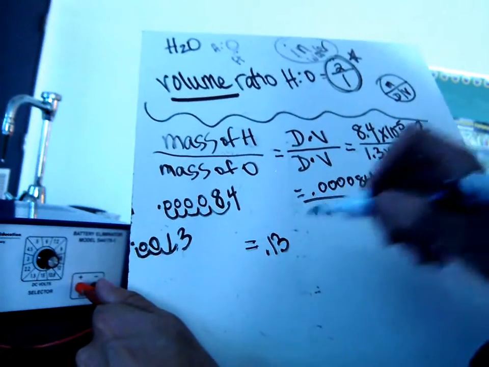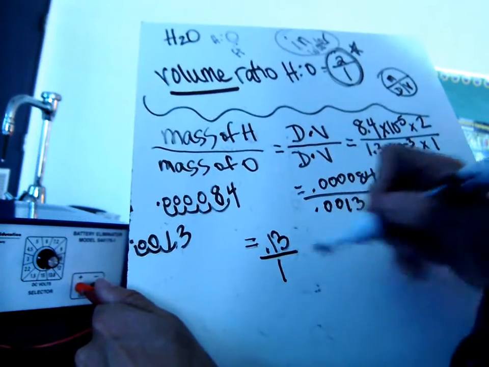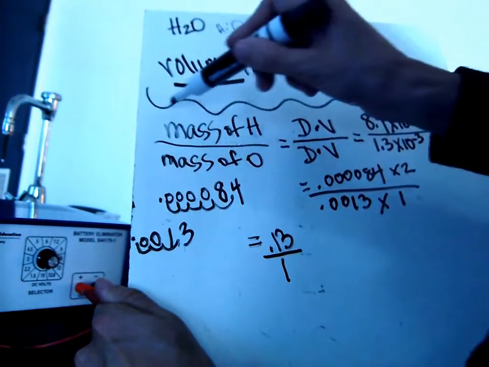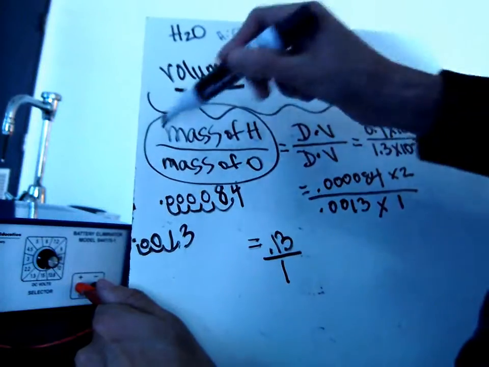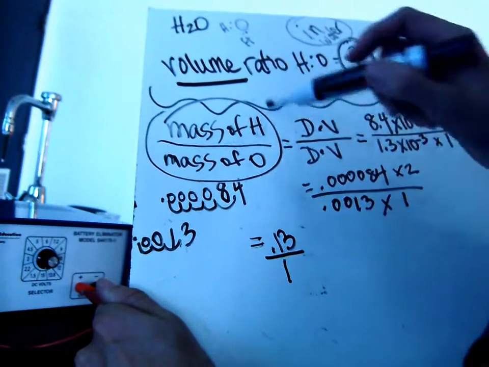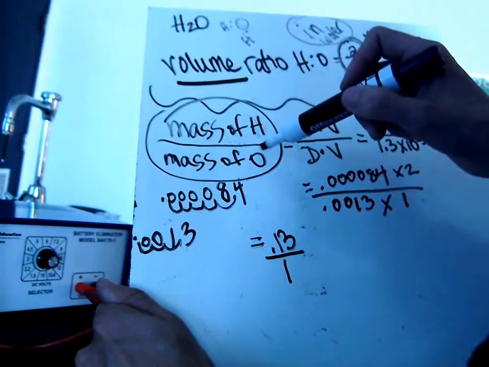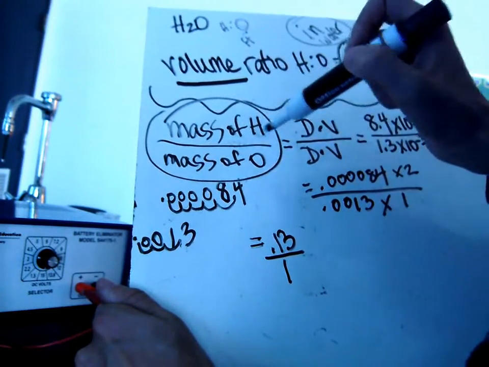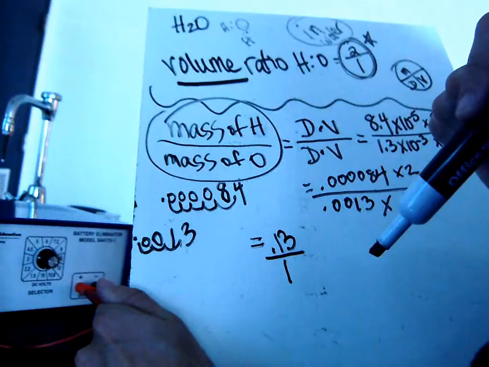Here's what this means. In actuality, it's 0.13 over 1. And there's a reason I'm going to do it this way. If we go back to what we were looking at originally, when I take apart water and I break it up into hydrogen and oxygen, I want to know what's the mass of the hydrogen I created compared to the mass of the oxygen I created.